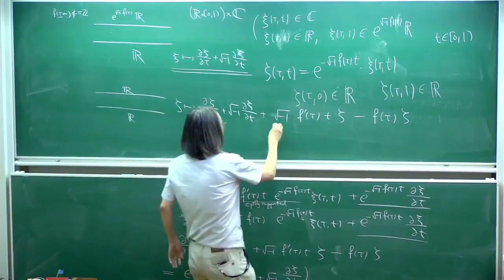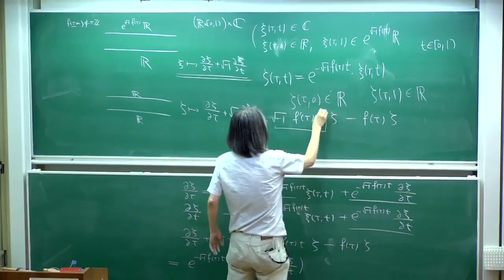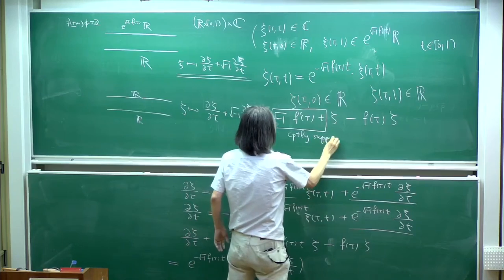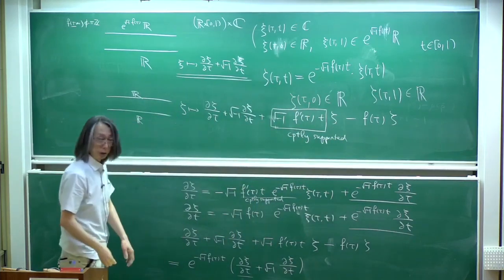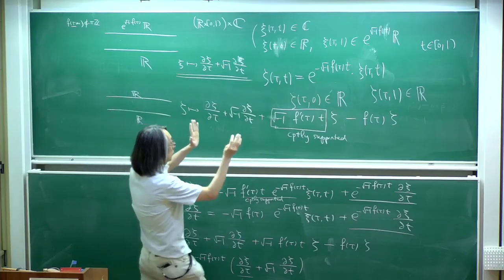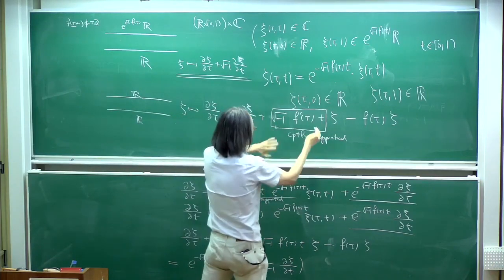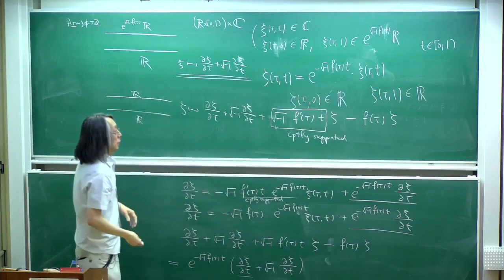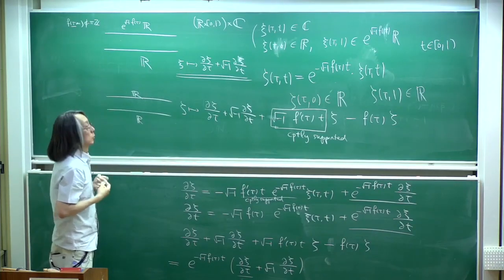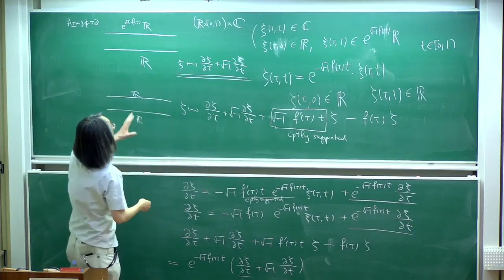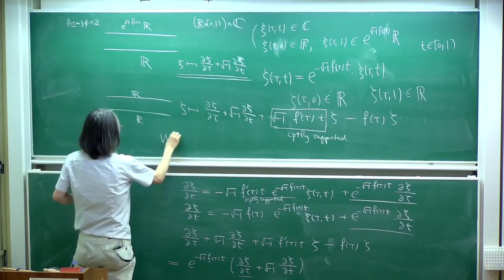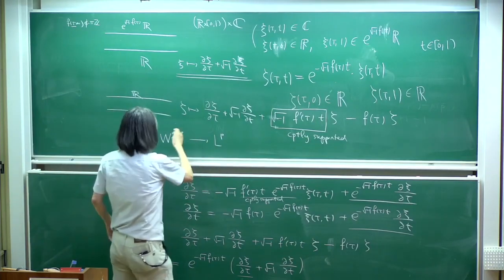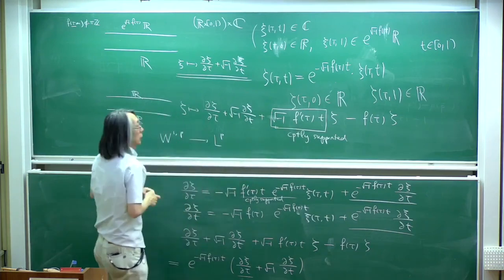And as I said, this part is a compactly supported smooth function. So therefore, if we multiply this compactly supported smooth function to theta, it is actually a compact perturbation term for this operator, because we are considering a map from, say, W12 or W1P to L2, LP, say, and then anyway, this multiplication by this function is compactly supported.